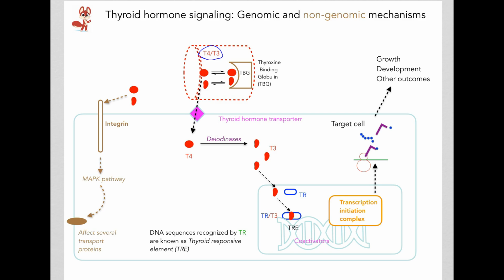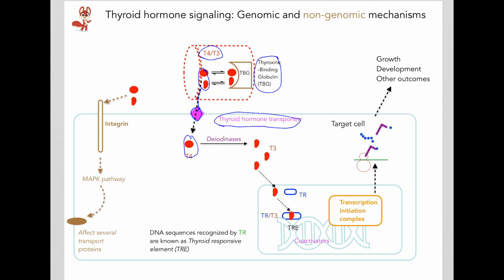So they too will be bound mostly to protein, especially to this protein here called thyroxine binding globulin, or TBG. And the free forms will be the ones that will diffuse and then be transported by special transport proteins called thyroid hormone transporters. And then these T4 as well as T3 will enter the cytoplasm.